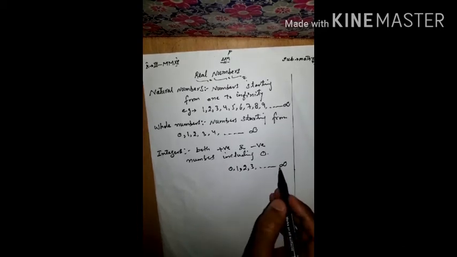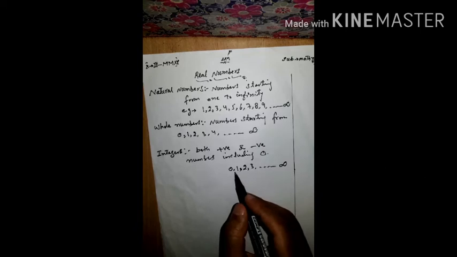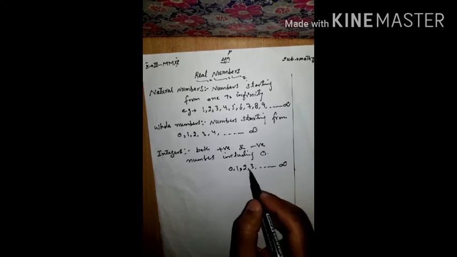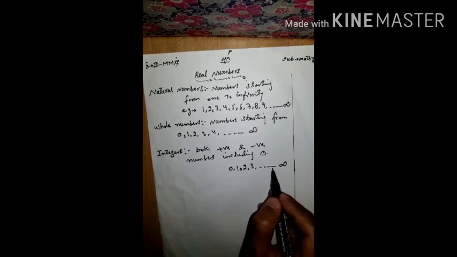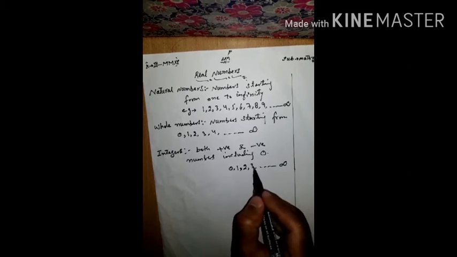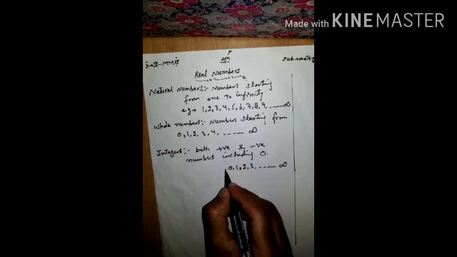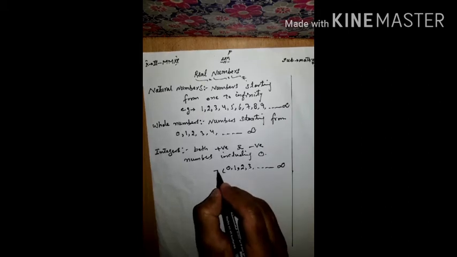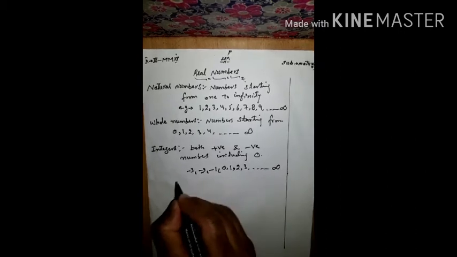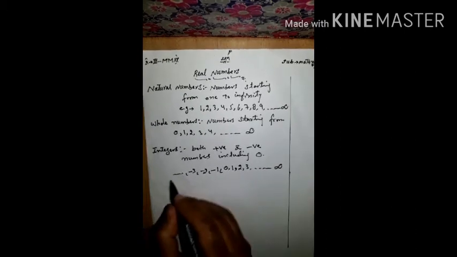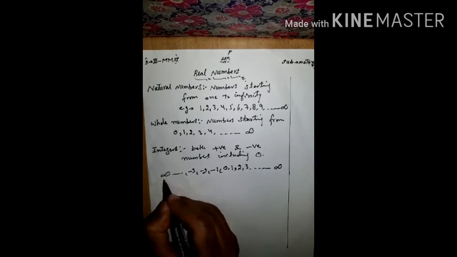So towards right we have positive integers like 1, 2, 3, and towards left we have -1, -2, -3 and so on up to infinity.